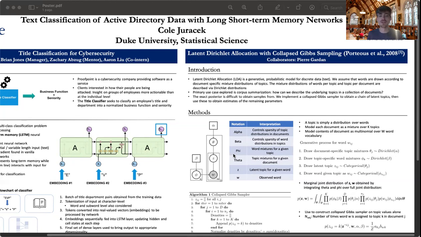So we place Dirichlet priors on the topic distributions per document, theta, as well as the word distributions per topic, phi. The magnitude of these Dirichlet parameters is going to affect how sparse the corresponding distributions are going to be. In the case of the document topics, the thetas, for instance, a small value of alpha is going to encourage documents to consist of a small number of topics.